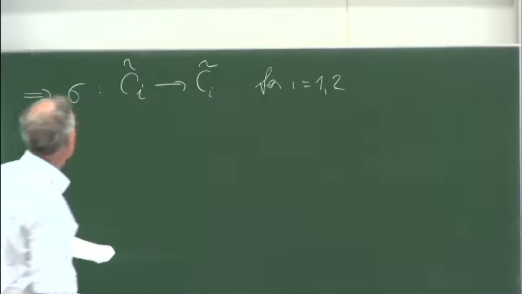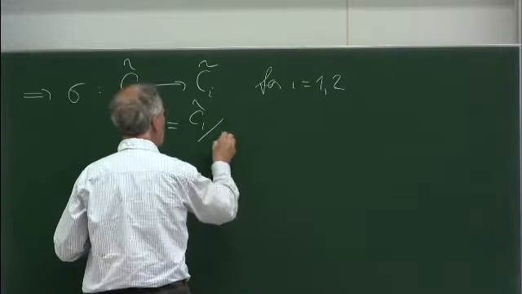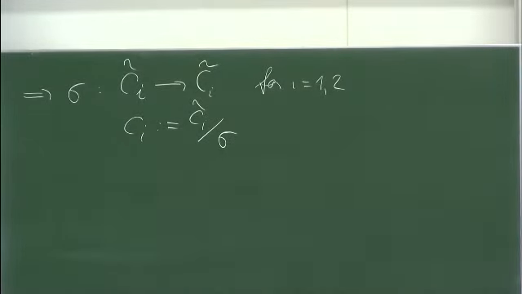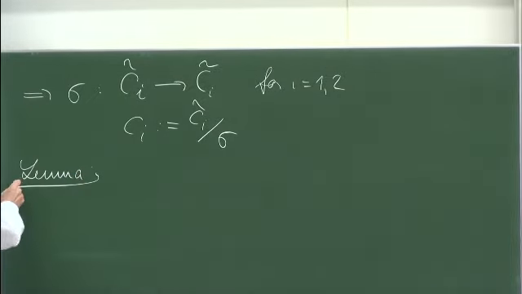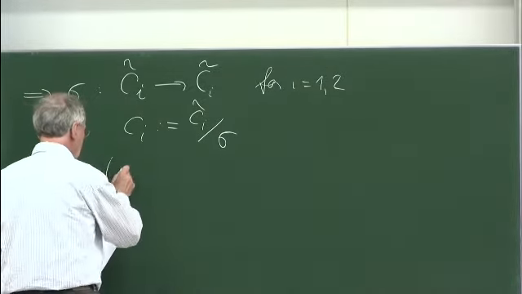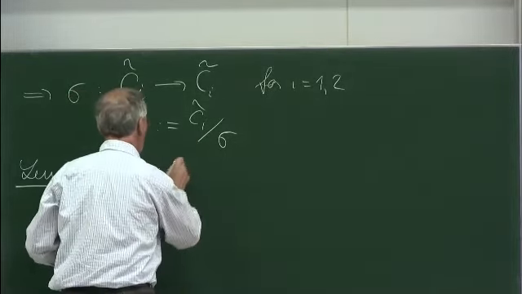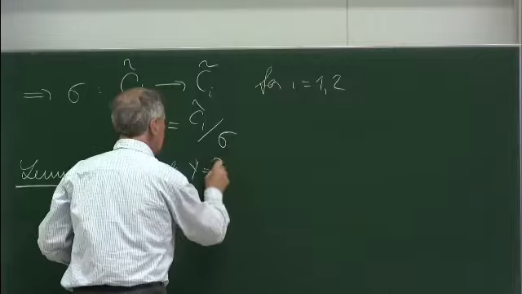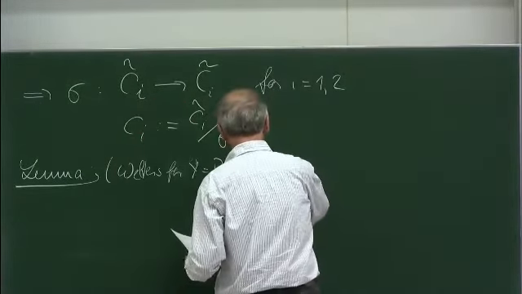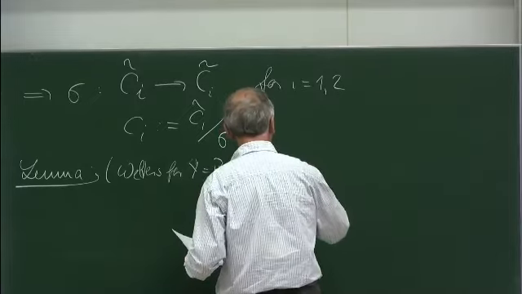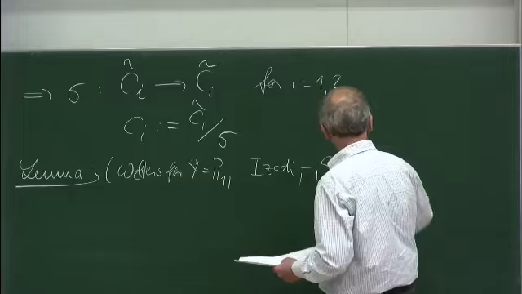Let Ci denote the quotient, so I denote Ci tilde modulo the involution. And then we need a lemma, which was in the case where y is equal to p1 proved by Welters in his thesis, and for arbitrary y this is proved in an earlier joint paper with Elham Izadi and with Volker Strehl.